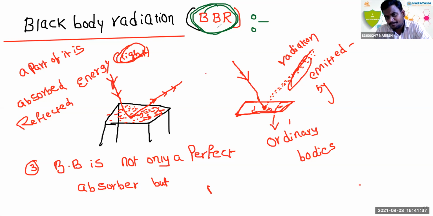Example: the reddish glow from the heating element in an electric stove.